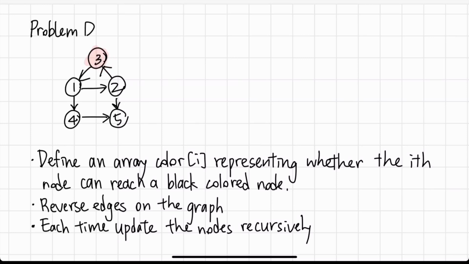So in this case, we would update all the nodes that can reach vertex 3. So we will update node 2 and node 1 because they can all follow some paths to reach vertex 3.